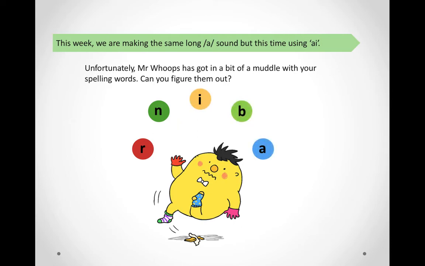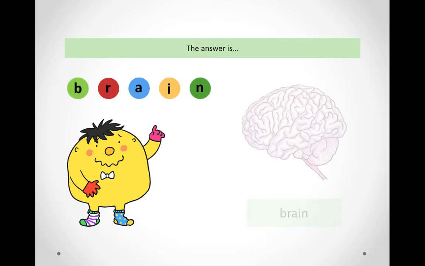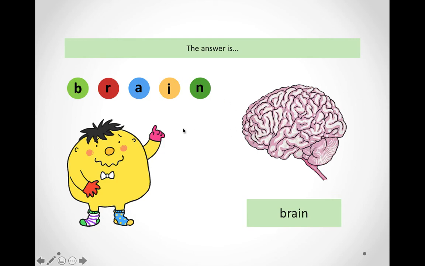Now remember, the A-I sound always goes in the middle of the word. So, A-I. Now you have B, R, and N left, and A-I will go in the middle. Do you know what word Mr. Whoops mixed up? Let's see if you got it right. Amazing! It is brain. Can you see the A sound is in the middle?